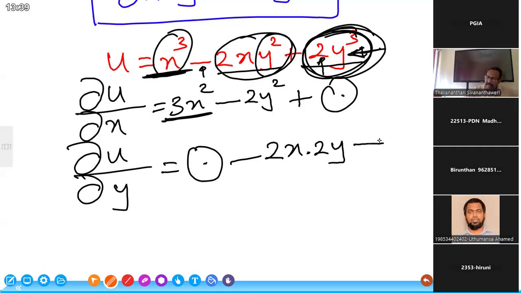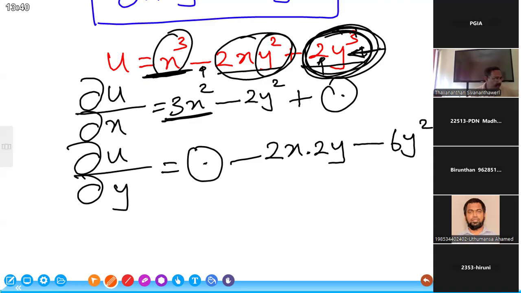We will solve it later. Minus. What is the derivative of this with respect to y? 6y². You are taking one component and swallowing it. Right, 6y².